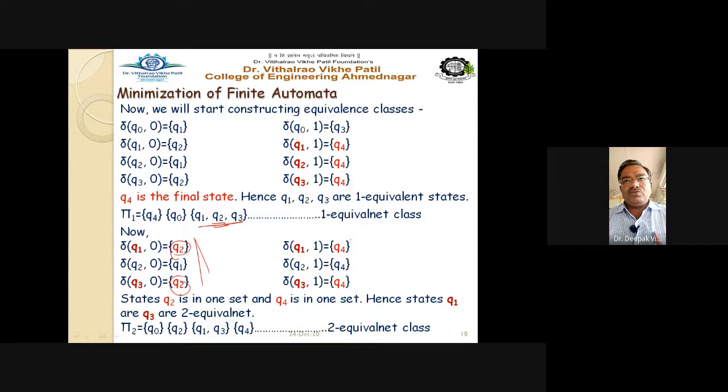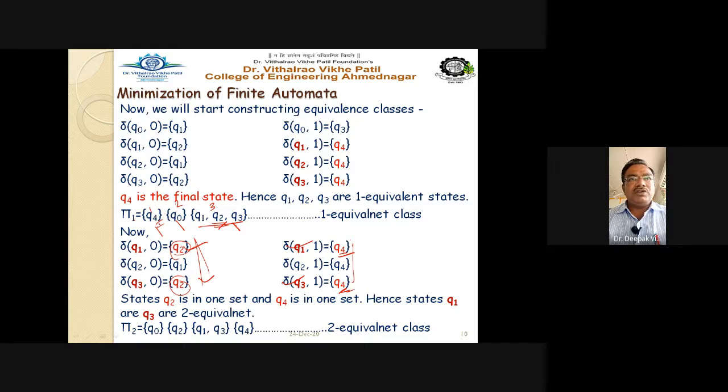And we'll find all Q4 there, but we are only looking for Q0 and Q3. So Q1 and Q3, yes. Q4, yes, it also belongs to this one set. This is the first set, this is the second set, this is the third set. Pi is nothing but your equivalent classes: first set, second set, and third set. So this Q2 belongs to the one set and Q4 belongs to another set.